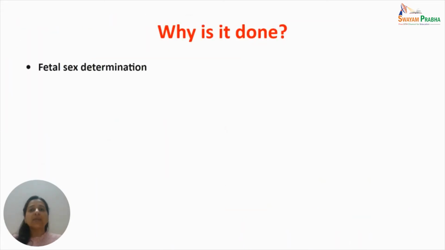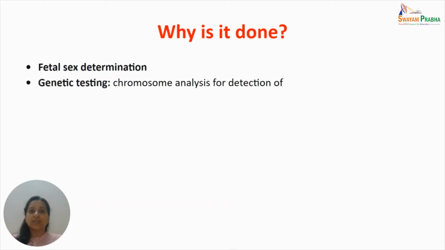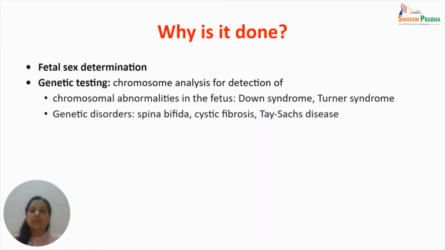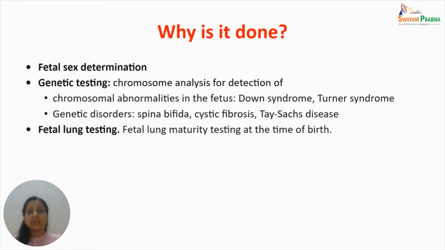So why is amniocentesis done? As it was pioneered initially for fetal sex determination, this is the foremost application of amniocentesis. It is also done for genetic testing, during which chromosomal analysis is done for detection of any kind of chromosomal abnormalities in the fetus, for example, Down syndrome or Turner syndrome, or some kind of genetic disorders, for example, spina bifida, cystic fibrosis, or Tay-Sachs disease.